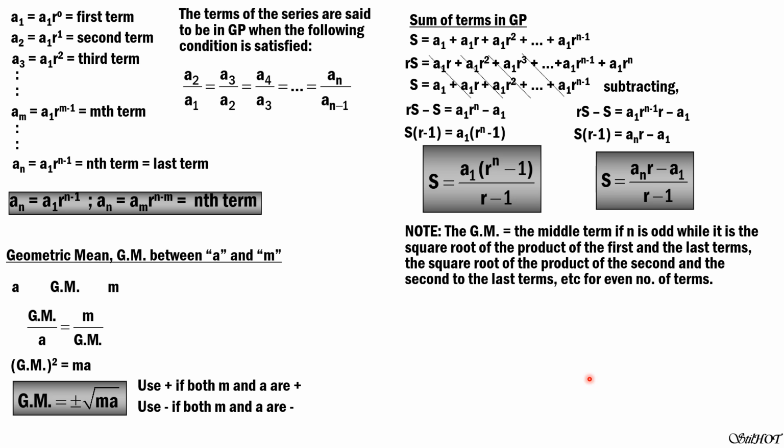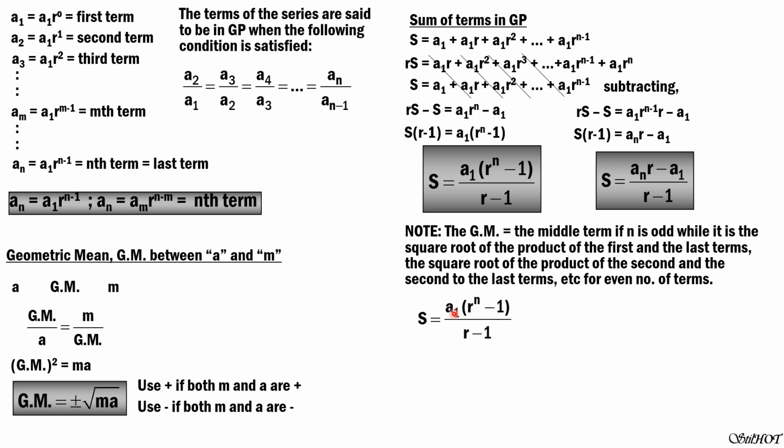So sum is first term, quantity r to the n minus 1 over r minus 1, except r equals 1 because this becomes undefined when r is 1. Then for absolute value of r less than 1, if it is a decimal less than 1, or it may be a negative fraction which is less than 1, then we just interchange the position of the terms in the numerator as well as in the denominator.